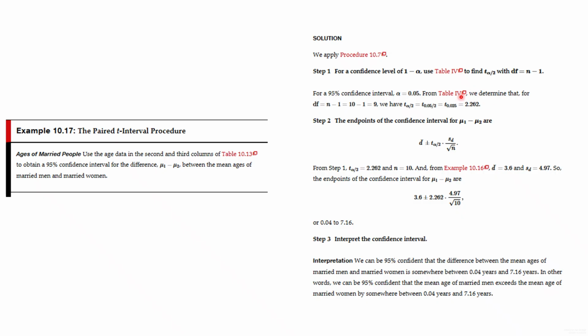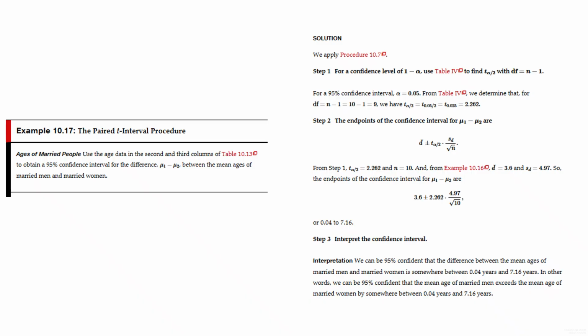And so we can look in the table and we'll see that the number we get is 2.262. That's the number that will then go right here. We've got our D bar already. We calculated it's 3.6 plus or minus. So you'll do the equation twice, once to add this and then once to subtract all of this, and then multiplied by our SD over the square root of n. And what you'll get is between 0.04 and 7.16.